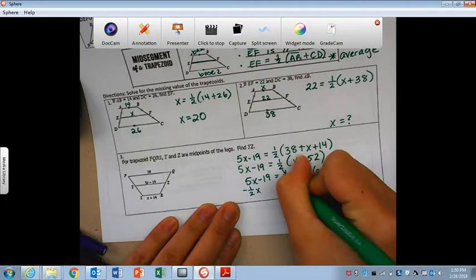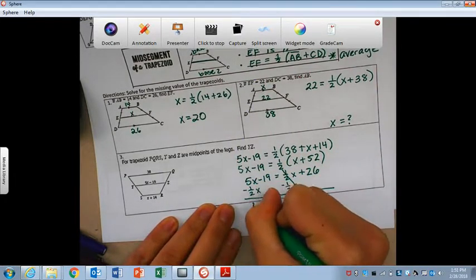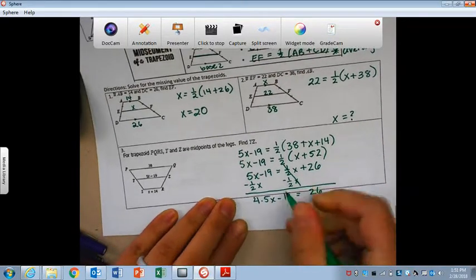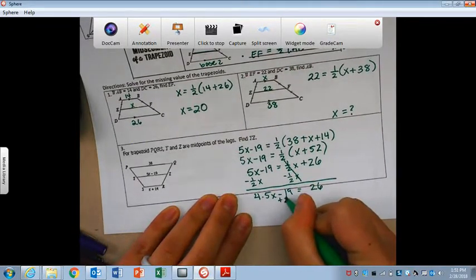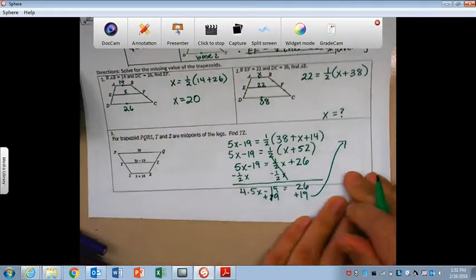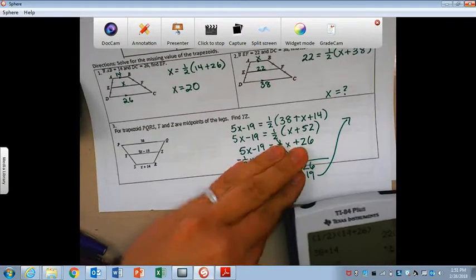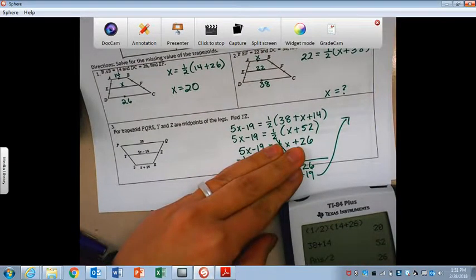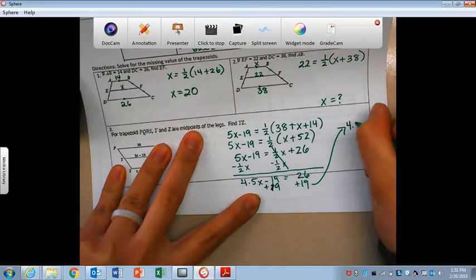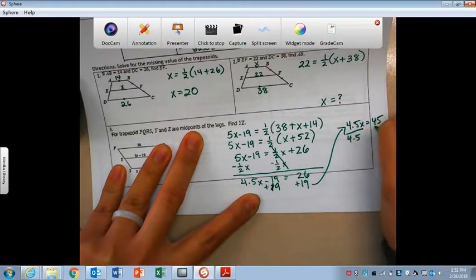Okay? So that's going to be 4.5x minus 19 equals 26. I'm going to add 19 to both sides. Okay, I'm going to bring that up here. Okay, so 26 plus 19 is 45. So 4.5x equals 45. You divide by 4.5 on both sides. What do you get?